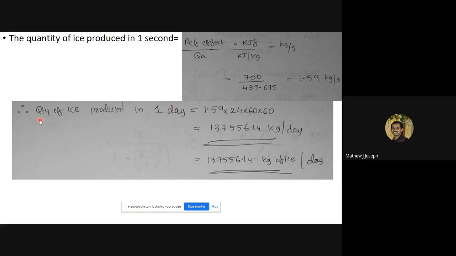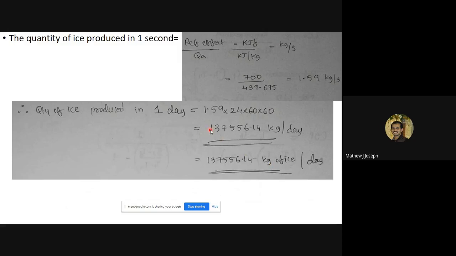In our question, we need to find the quantity of ice produced in one day, so we have to convert this per second into per day. We already know how to do that: we multiply this value by 24 into 60 into 60.